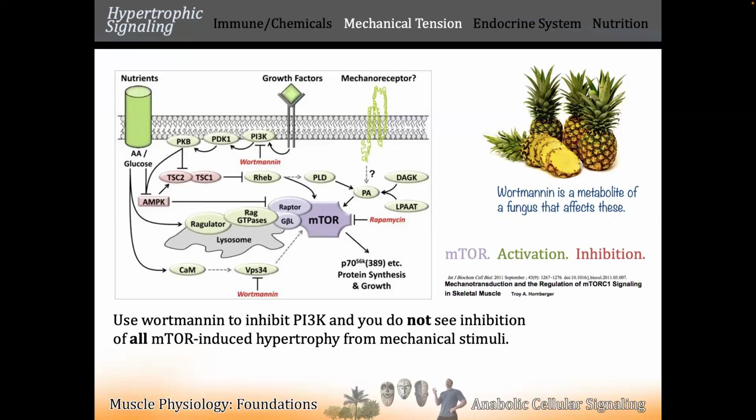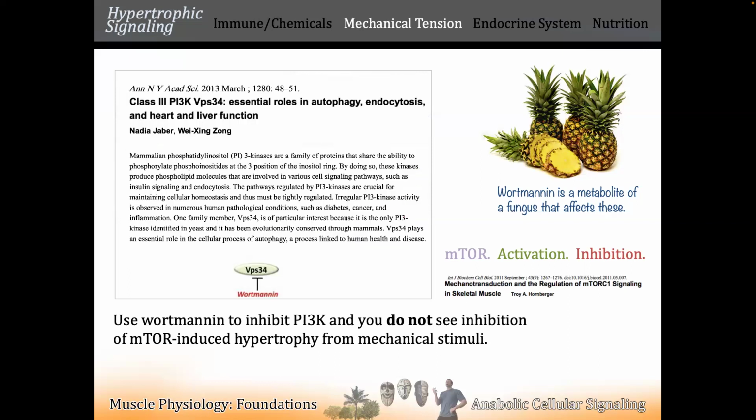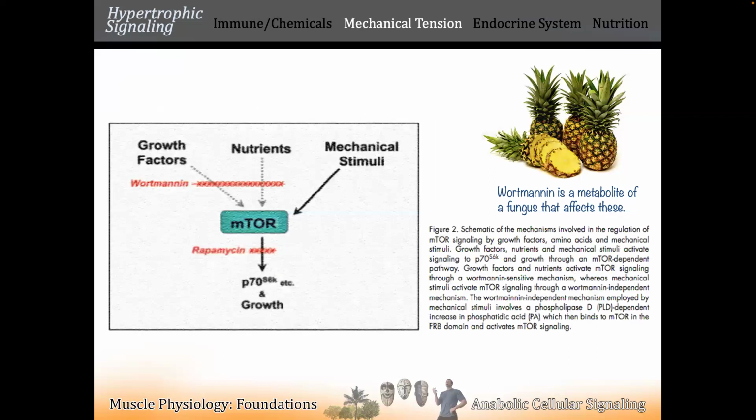And at the very bottom, you see VPS34 being inhibited by wortmannin. So what that means is VPS34 is a type of PI3K because that's what wortmannin is inhibiting. Leucine, the amino acid, activates it. You don't need to know about that. But in the presence of wortmannin, most signals for mTOR activation get knocked out. Nutrients is a little bit different. I don't quite like this diagram as is.